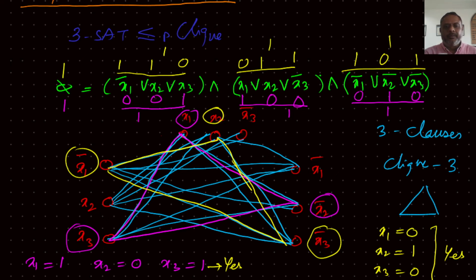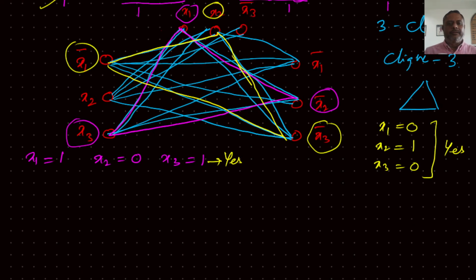There are many such solutions possible. We accidentally arrived at these and found that they form a clique, and substituting the values it is verified that the formula is satisfiable.